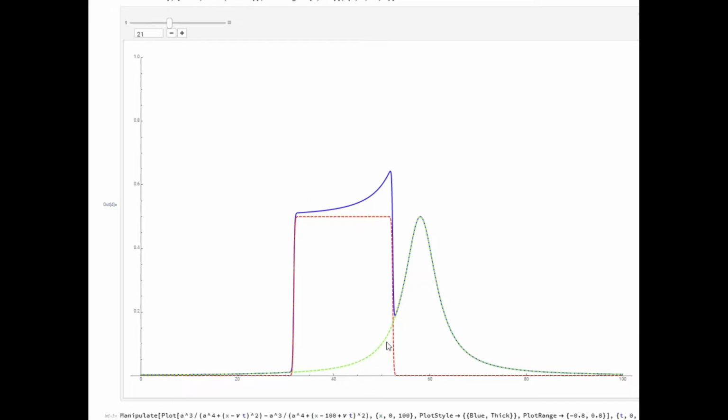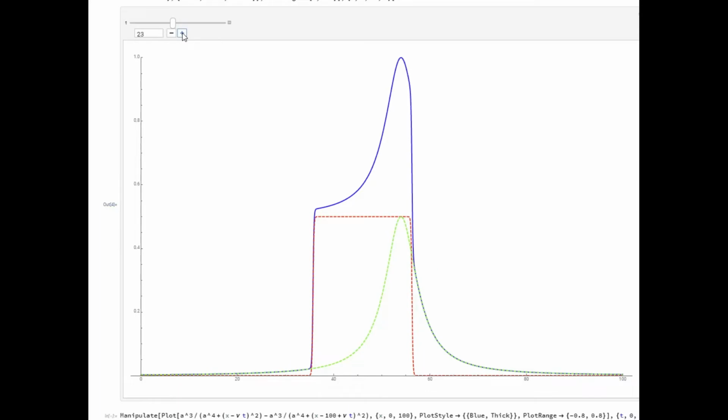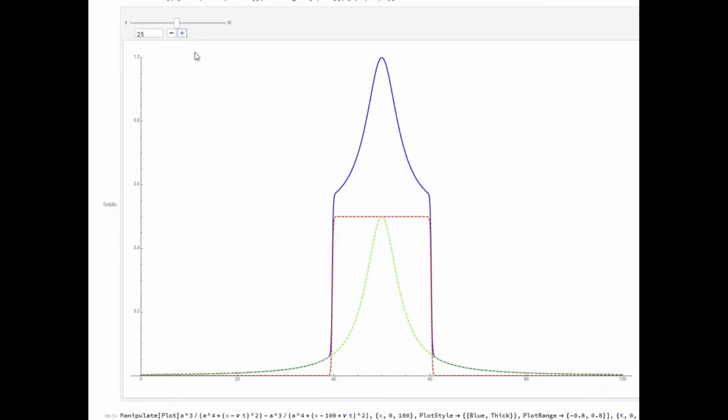Really all you're doing is taking this green line and adding it to the red line to get the blue line. It's most obvious right here. You can see that the blue is just the sum of the red and green. This is what we call the superposition principle.